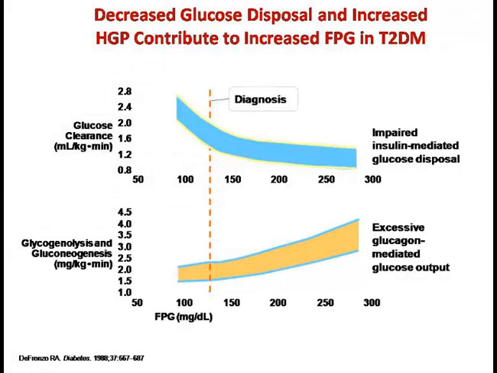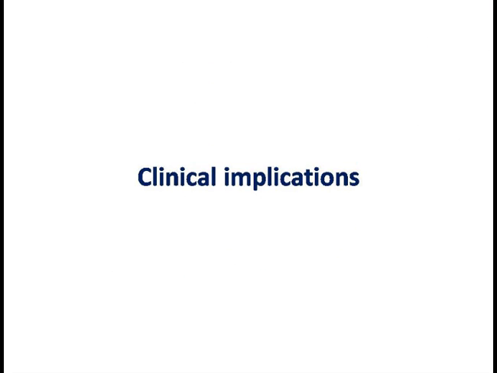Indeed, at diagnosis, there's impaired insulin-mediated glucose disposal and excess glucagon-mediated glucose output, spoiling the complete physiology that was being maintained of a normal glucose level and leading to high blood sugars, the main symptom of type 2 diabetes. So what are the clinical implications of this?